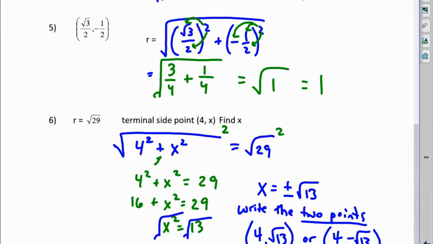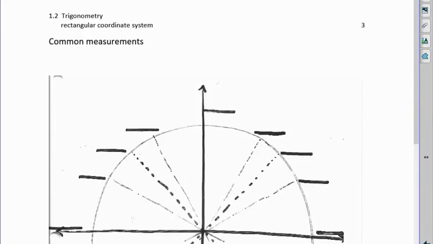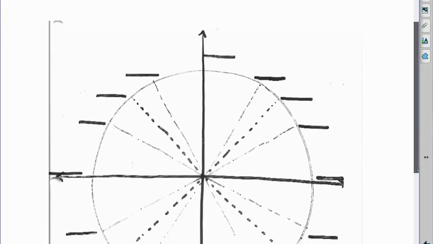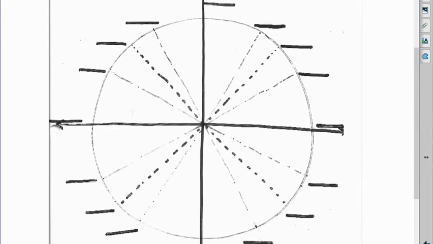Okay, now I'm going to the next page just to look at some common measurements that go around a Cartesian coordinate system circle. This drawing is from page 22 of your textbook, and we're just going to go around this circle. Remember, initial starts us off at the x-axis, so that's where 0 degrees is going to start us off. 90 degrees would be going straight up. So let's see, what do you think these measurements are here?